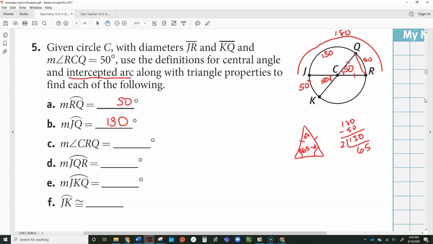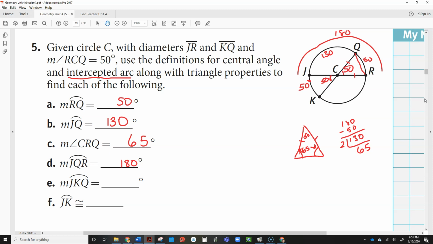So the measure of angle CRQ is 65 degrees. The measure of arc JQR, we've already talked about that. We said that was 180 degrees because JQR is the semicircle.